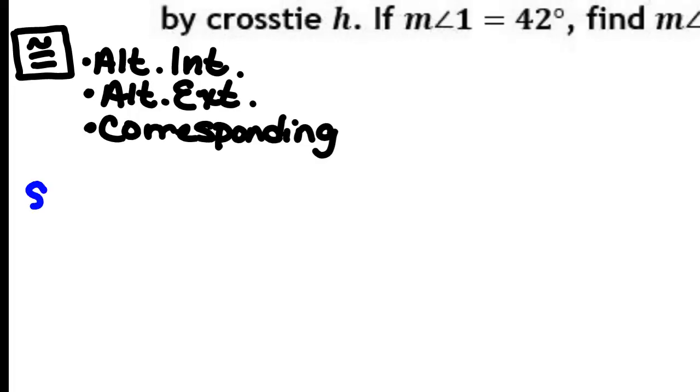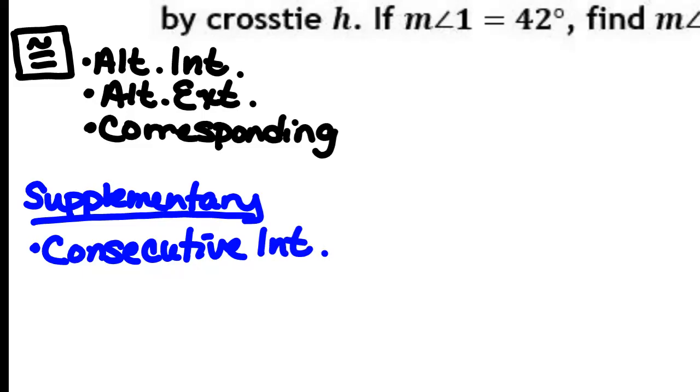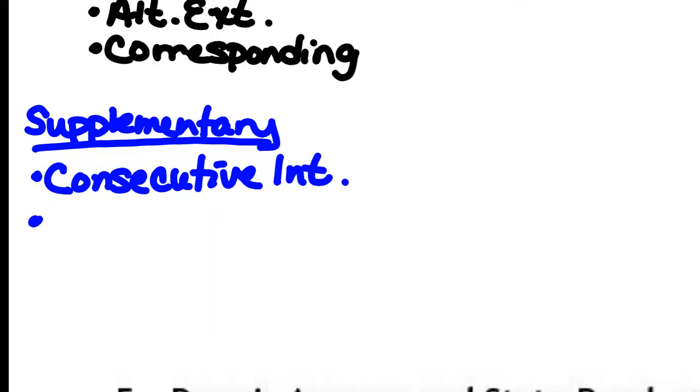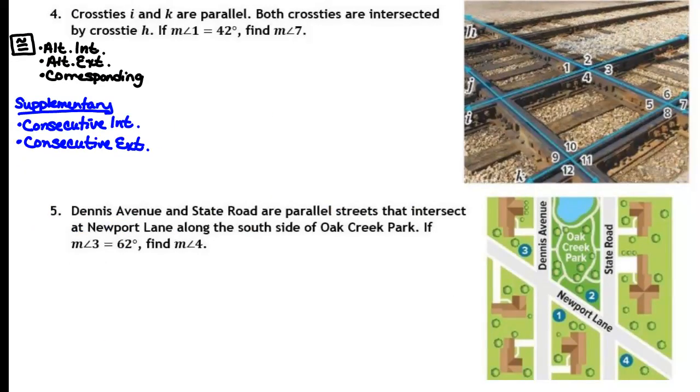My supplementary angles are the consecutive interior and consecutive exterior. In addition to linear pairs and vertical angles that we learned about before. So those can also come into play, but these are the 5 new ones.